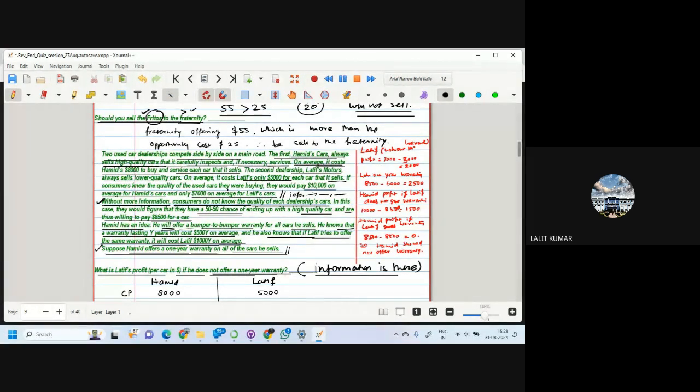On average, it costs Hamid $8,000 to buy and service each car that it sells. The second dealership, Latif Smith Motors, always sells lower quality cars. On average, it costs Latif only $5,000 for each car. If consumers knew the quality of the used cars they were buying, they would pay $10,000 for Hamid and $7,000 on average for Latif cars.